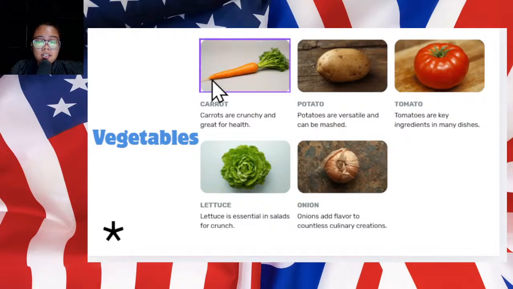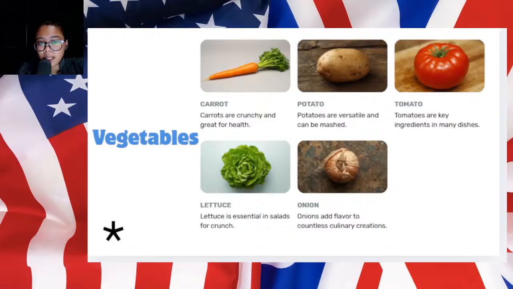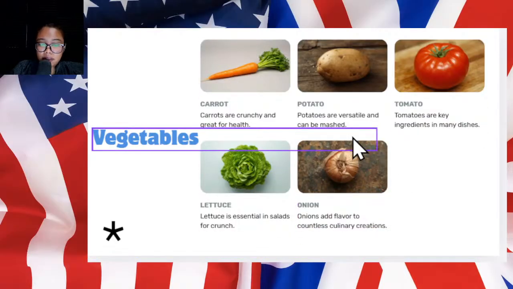All right. Let's start with the first vegetable, that is the carrot. The carrot is a very popular vegetable that is easily recognized by its bright orange color. As noted in your materials, carrots are crunchy and great for your health.